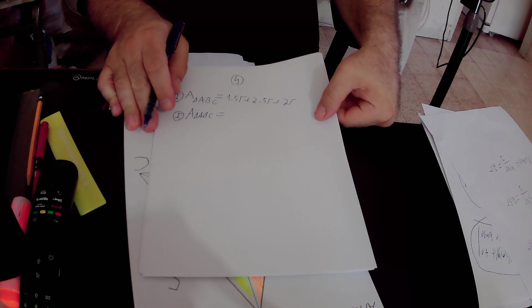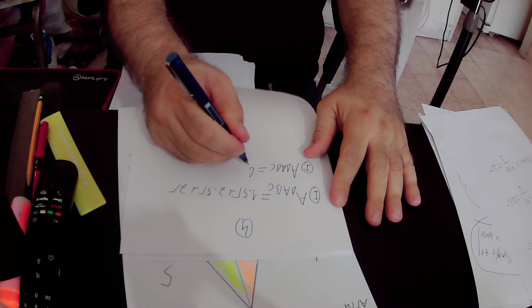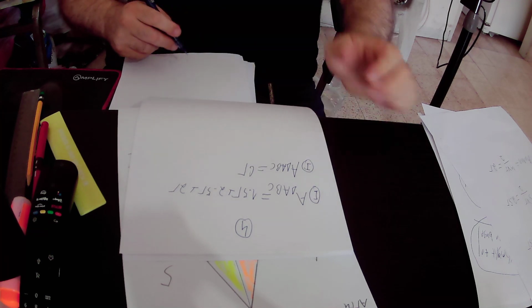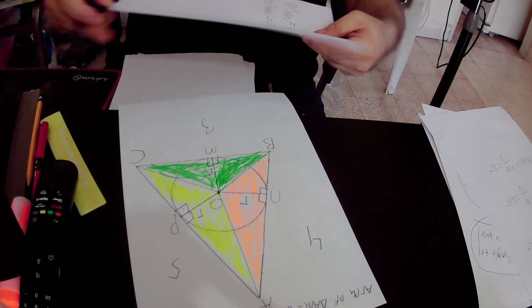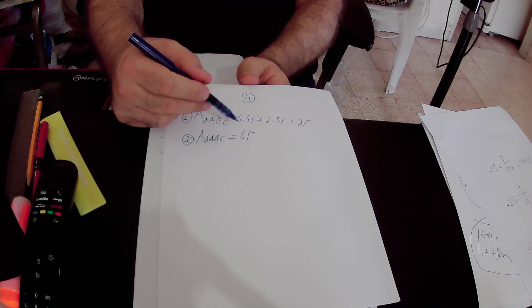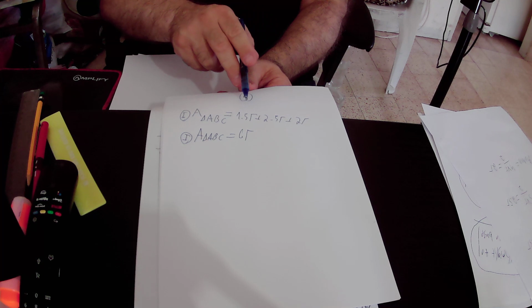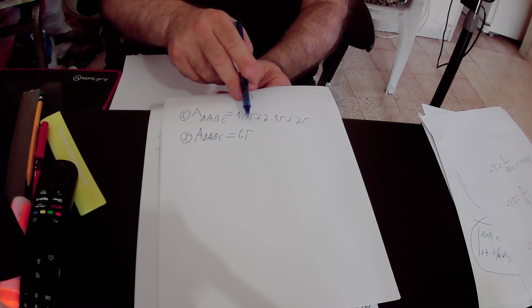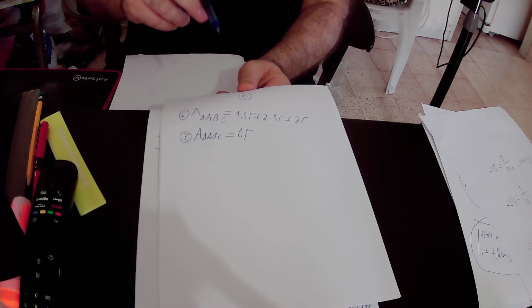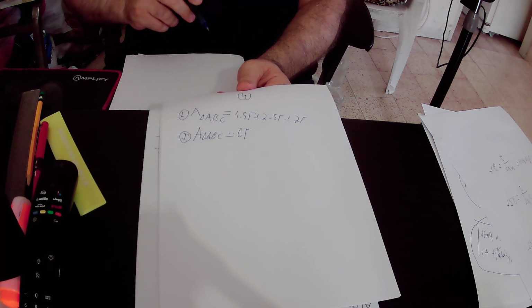So actually the area of triangle ABC, the area of the big triangle ABC equals 6 times the radius of the circle, because the sum of this side of the equation equals 6 times the radius of the circle. So the area of the big triangle ABC equals 6 times the radius of the circle.